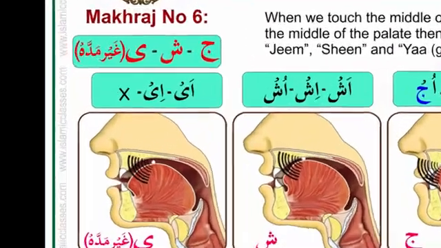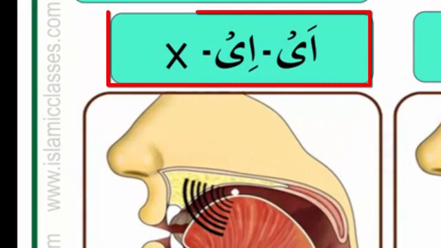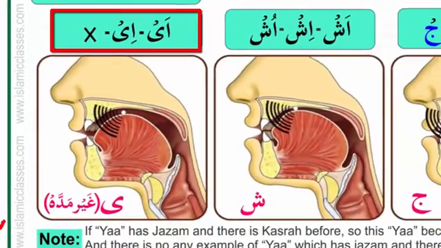It is hamza ya fatha, I. All right. And the next is hamza ya kasra, e, and this is not an example of this makhraj, but you can see it's a madda letter. And the third example is not here.